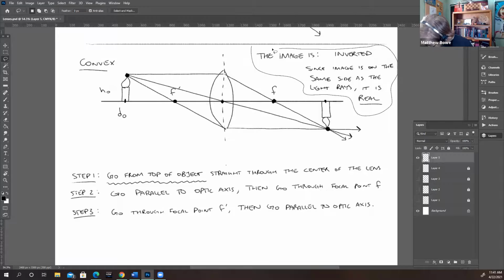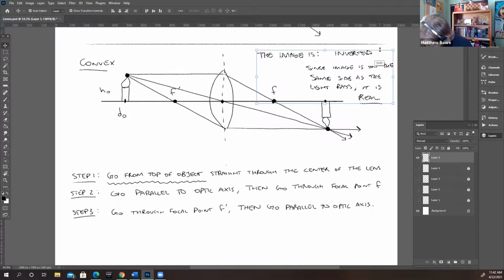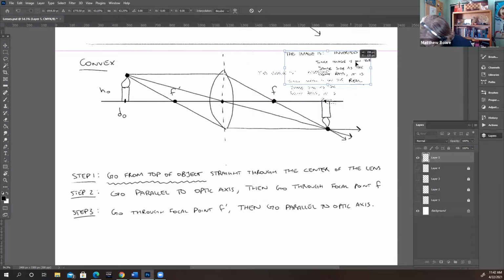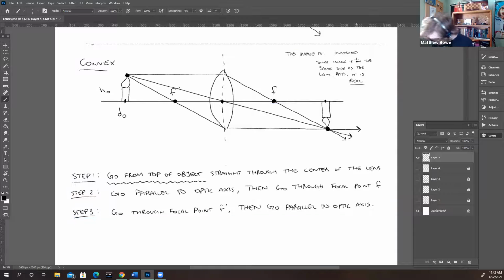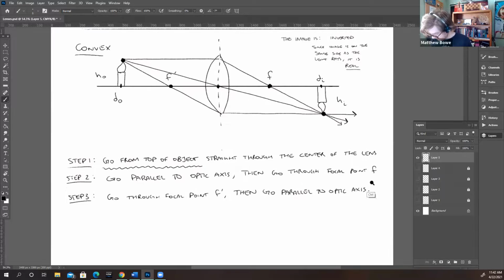This is the image distance. Let me shrink that so like right there. So this is the image distance from here to the center, and this is the image height. And since it's inverted, we'd see that as a negative value.